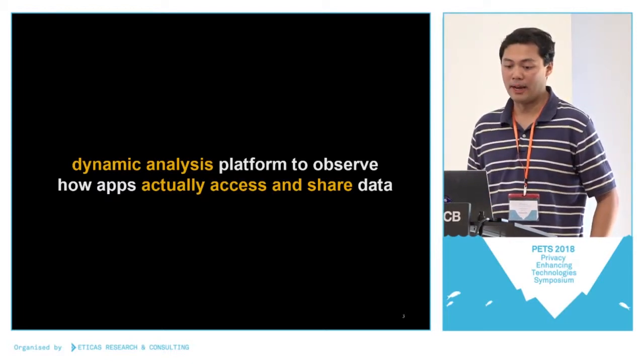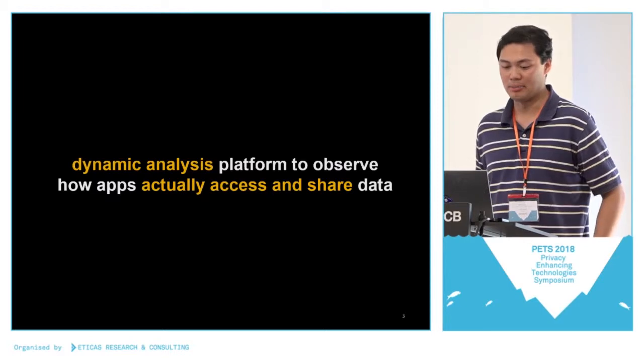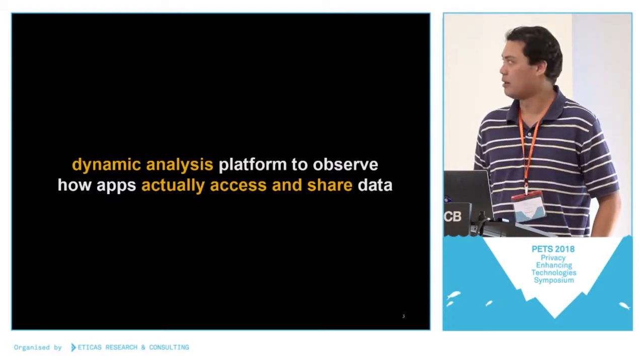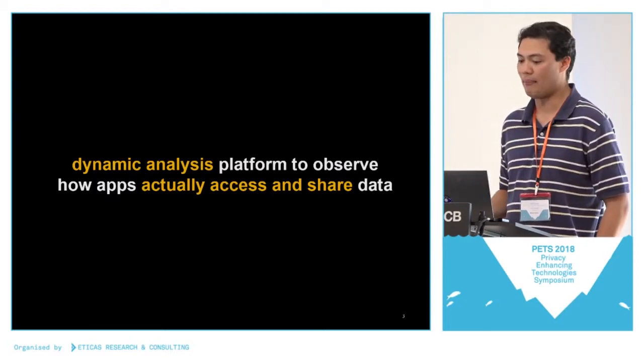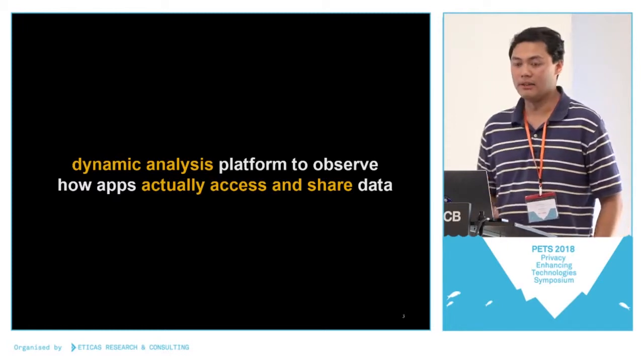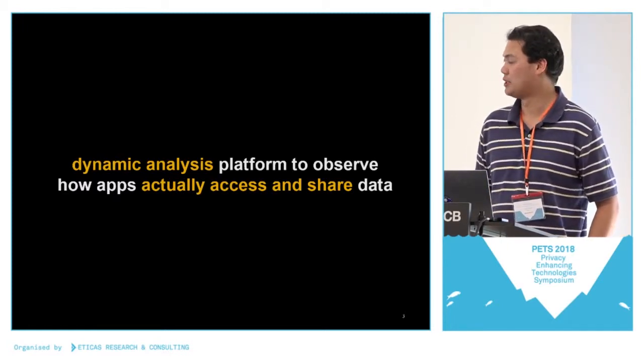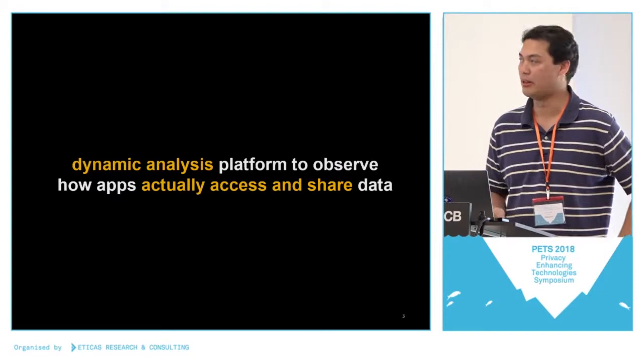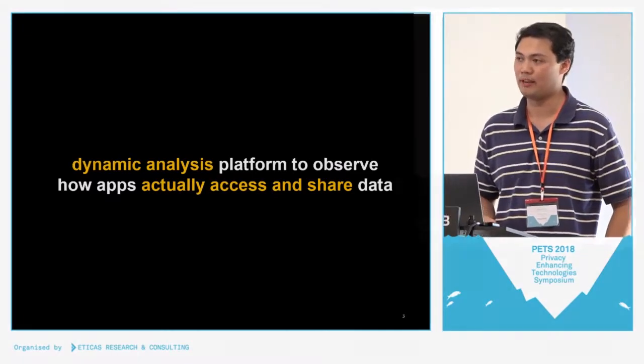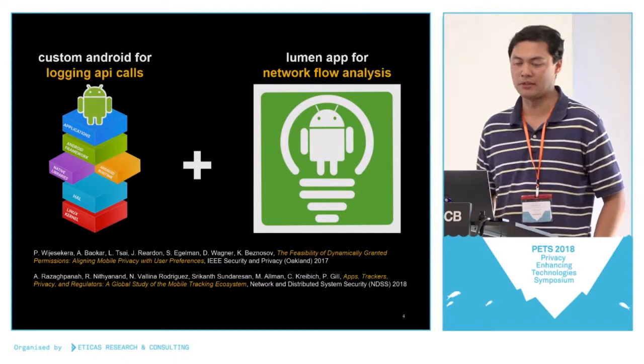Now, compared to something like static analysis, we don't need to know anything about how an app is implemented. Additionally, all of the results from this system are actual empirical observations of app behavior, so there are no false positives.